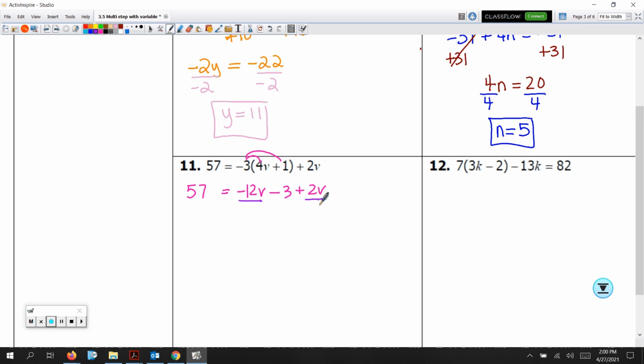They both have v. So negative 12 plus 2 is negative 10v. Now we have a two-step equation, right? We always start with addition and subtraction, so we're going to add 3. 60 equals negative 10v. Divide by negative 10. And v is equal to negative 6.